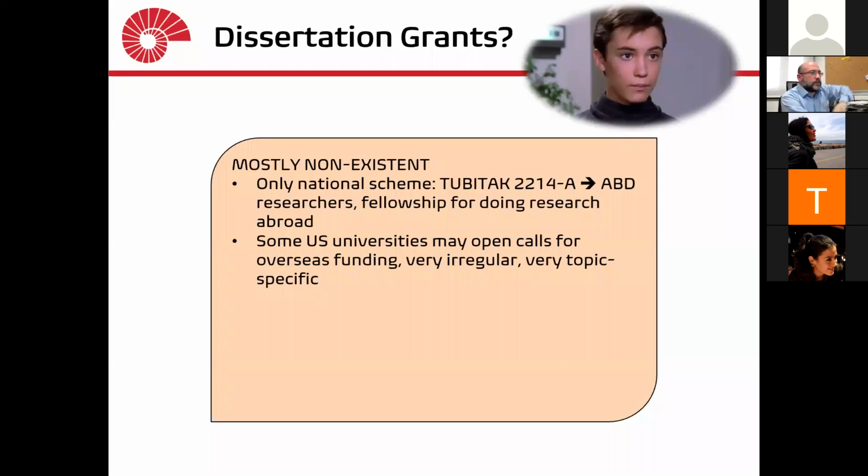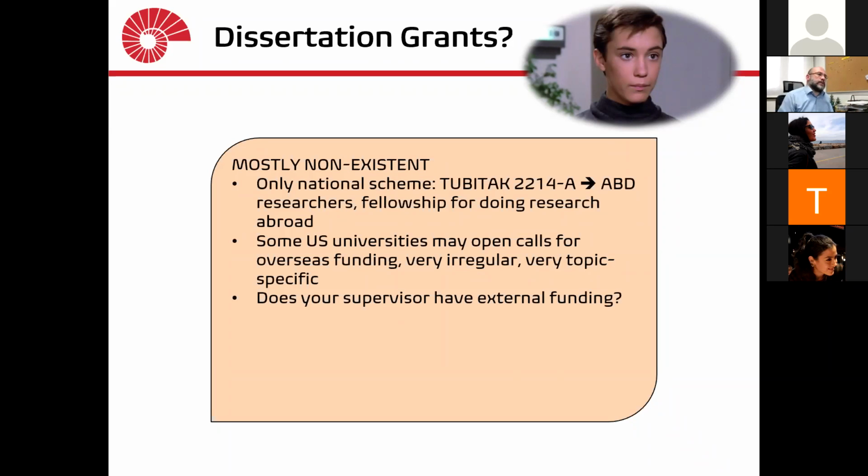It's just giving free money to support dissertation research on a very specific topic, of course. These are very irregular calls, and the topic is very, very specific. So some lucky researchers were able to match.